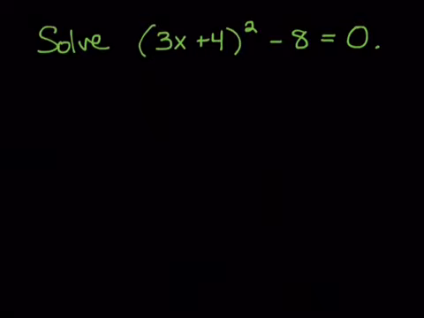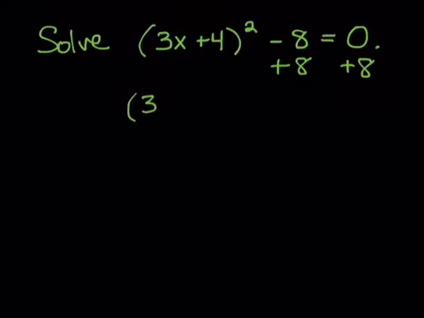All right, so we'll end with one more example. Again, this one doesn't really have a bx term because it's not in standard form. This is closest to vertex form, so I'm going to try to get the part that's squared by itself. We're trying to get this whole parentheses by itself. First of all, add 8 to both sides.